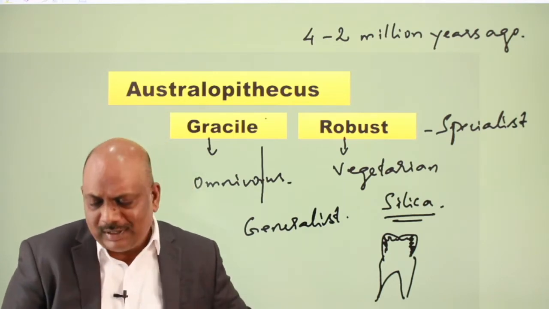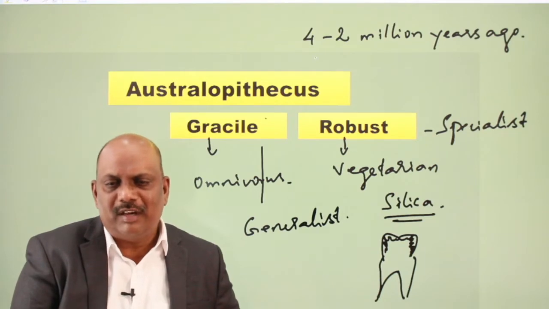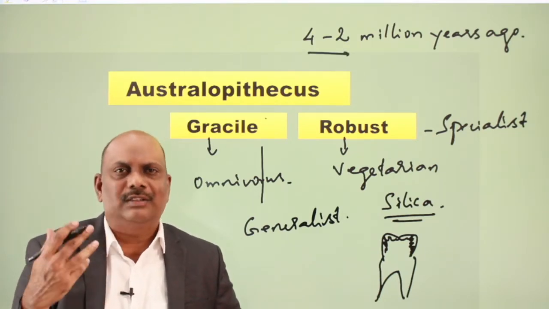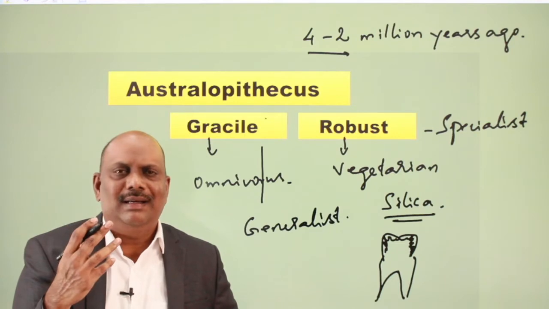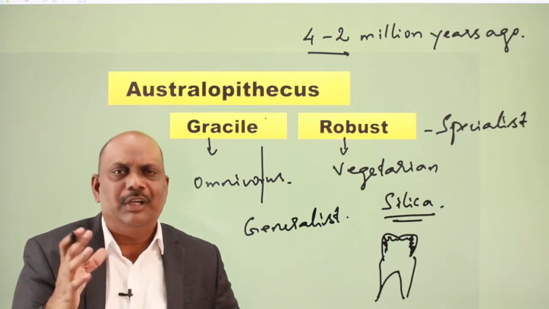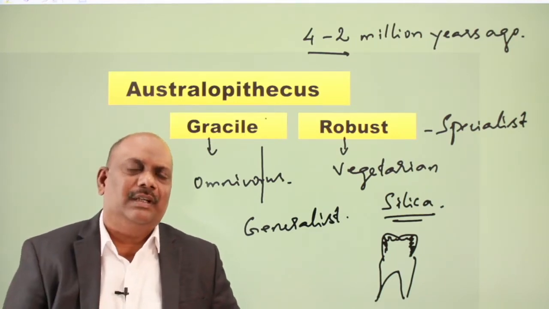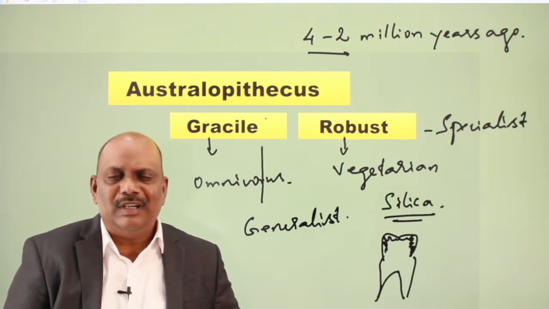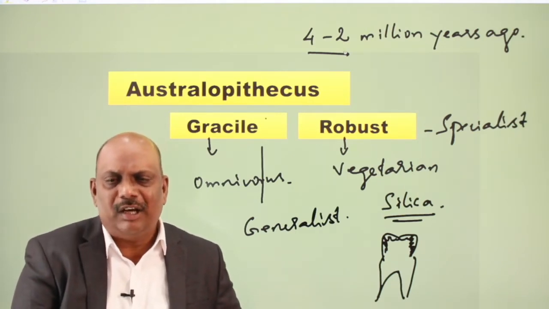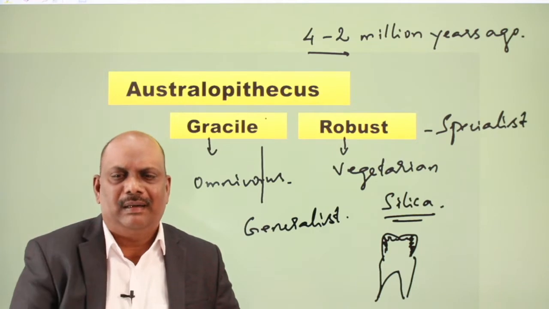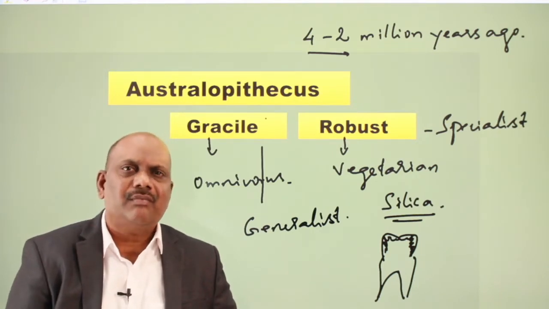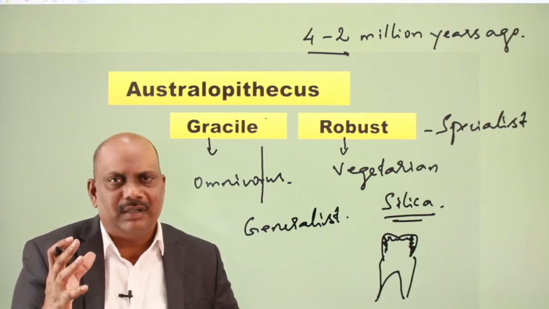I told you that Australopithecus lived somewhere between 4 to 2 million years ago. Until 2 million years, there were not many issues for the Australopithecus. But towards the beginning of this 2 million years ago, there was a change in climate.